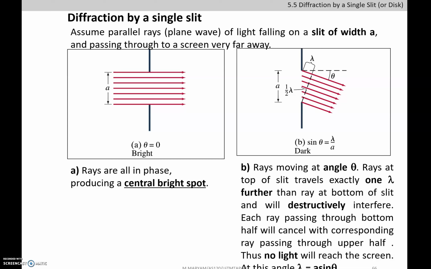Let's look at A first. Now if you shine the light straight towards the slit, you can only see a central bright spot because all the rays of light are in phase.